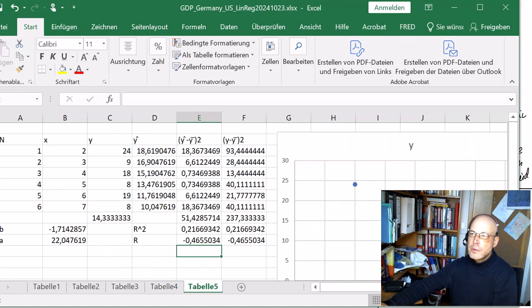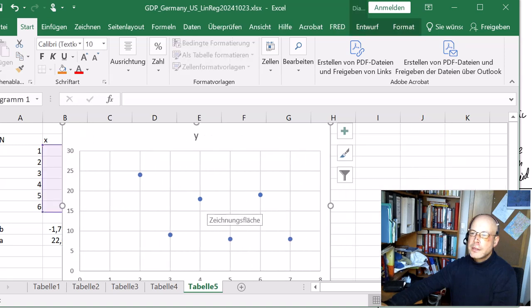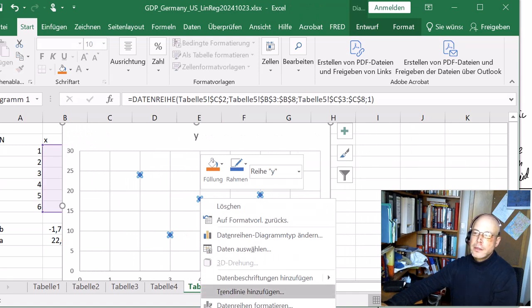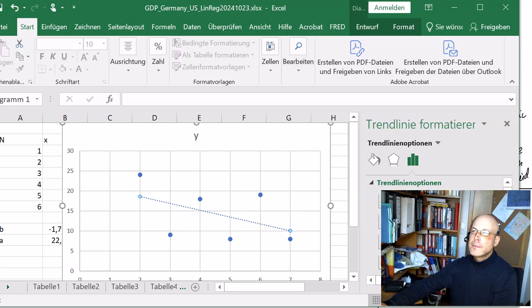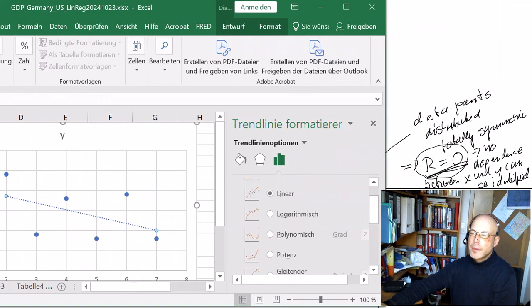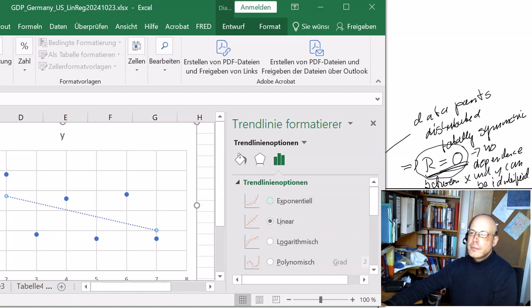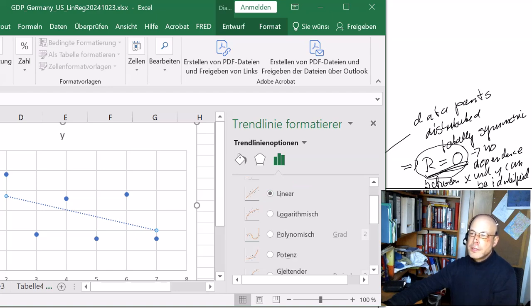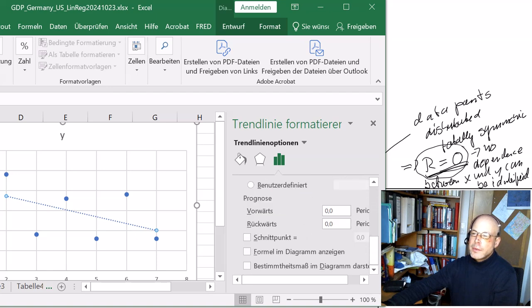And this we do also for the negative part. So clicking into the data, right click, choosing trend line, linear. Here you have to be careful because sometimes we take the log of our data. This you then don't have to do if you directly choose log, or quite often growth processes are exponential processes. So with this you can play a little bit if you want.